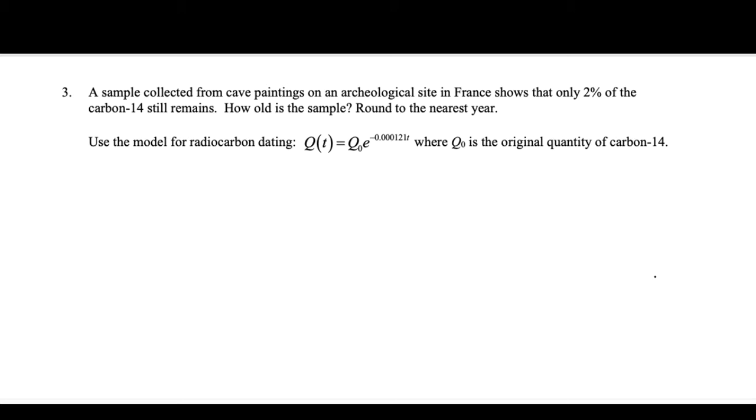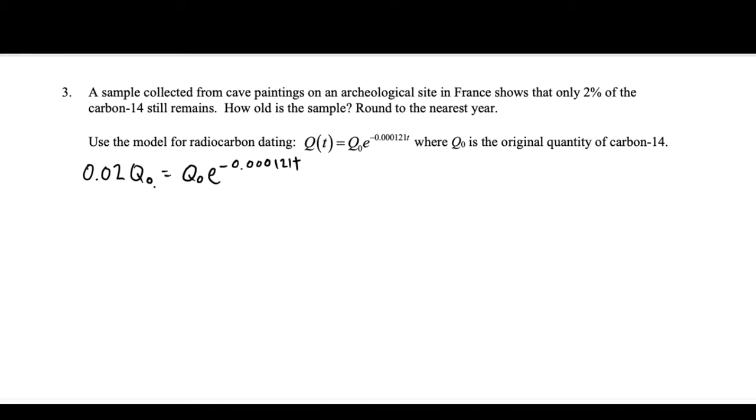So we're not given the original quantity, but we are told that only 2% of the original still remains, which means Q of t is going to be 2% of the original, or we could write that as 0.02 times Q0, because Q0 represents the original, equals Q0 e to the negative 0.000121t.